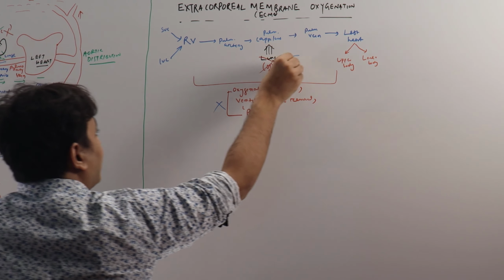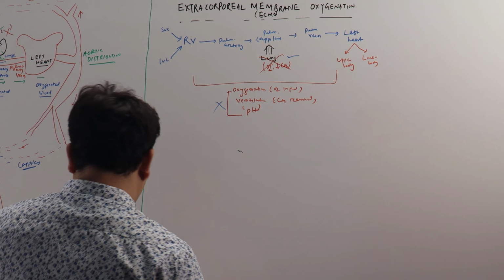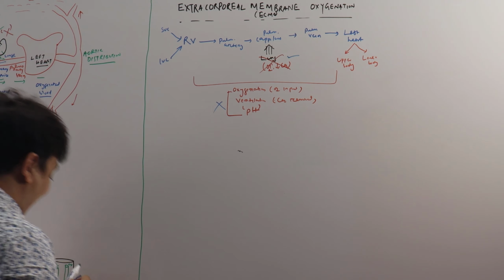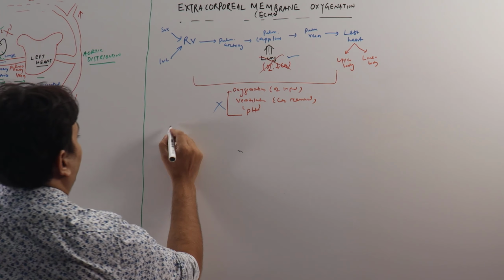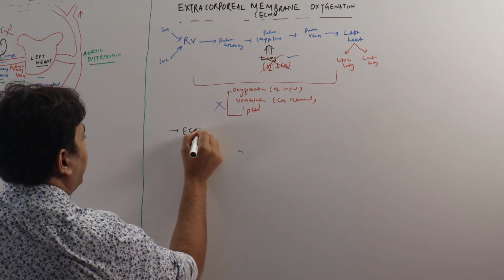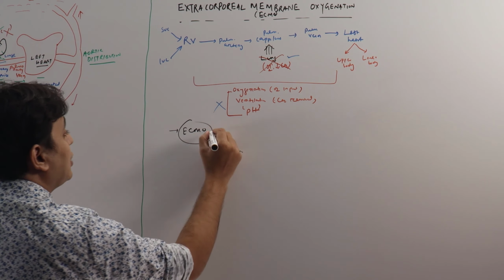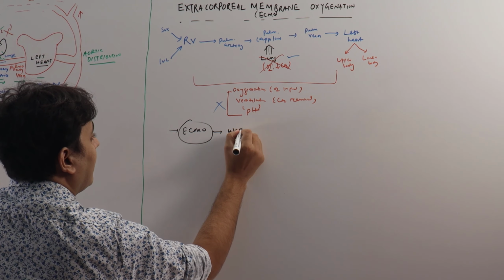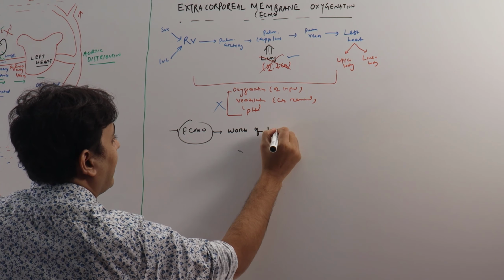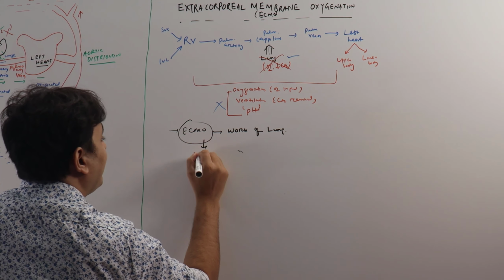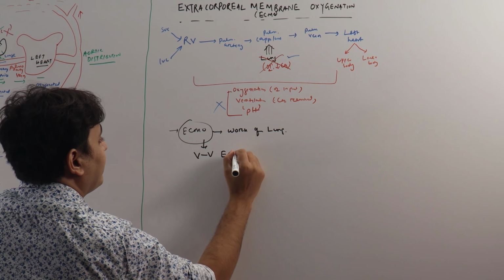If the lungs are not working, can you have a machine which can do the work of the lung? That machine is called ECMO, which will do the work of the lung. Specifically, this is called venous ECMO. What does it mean?